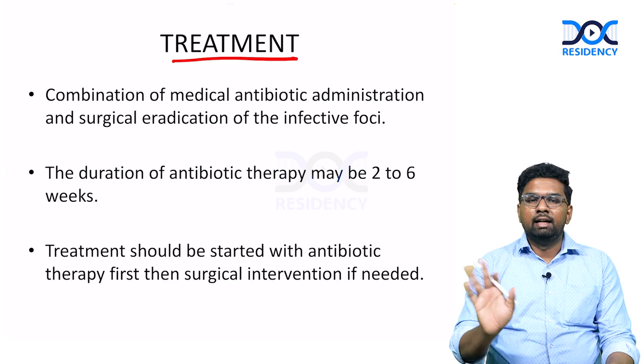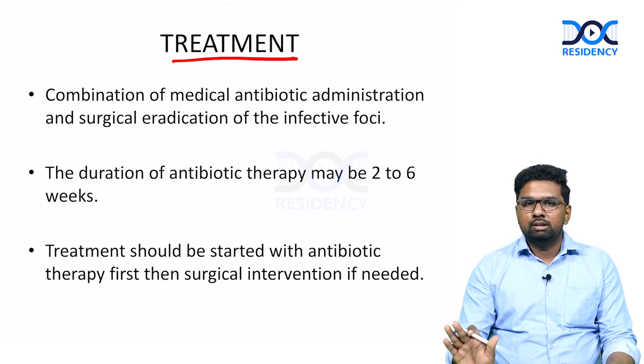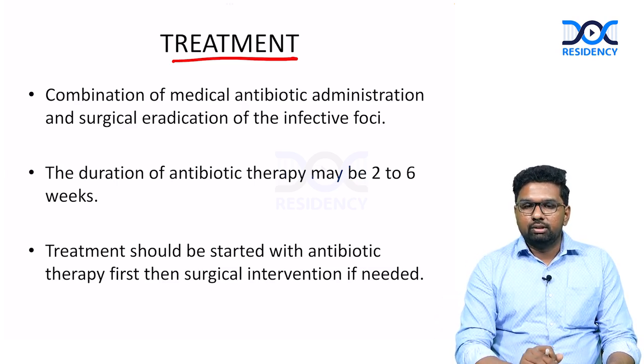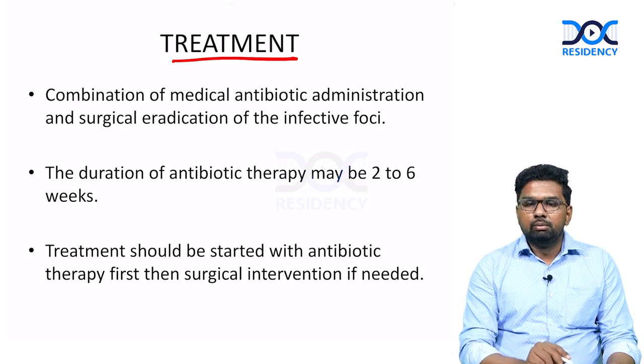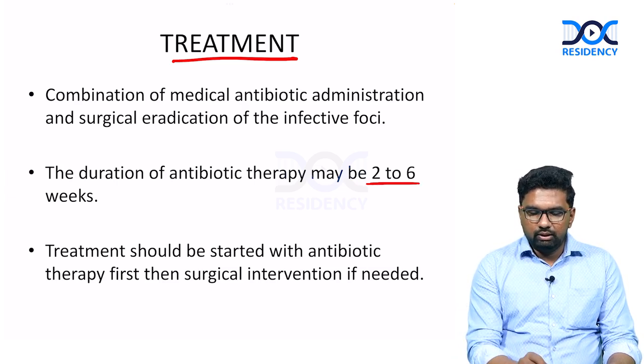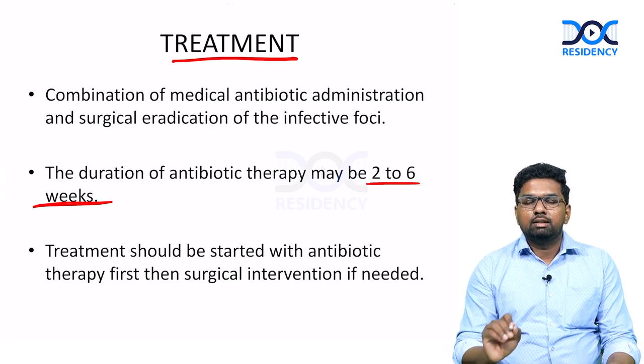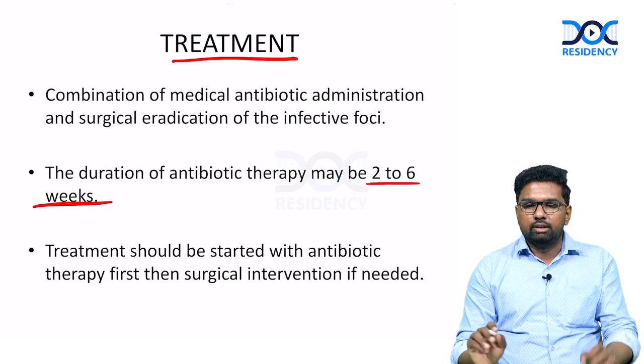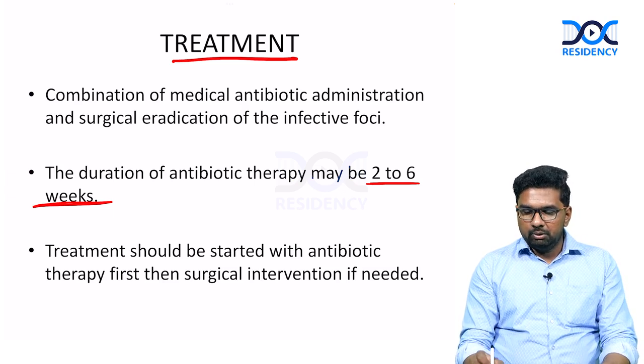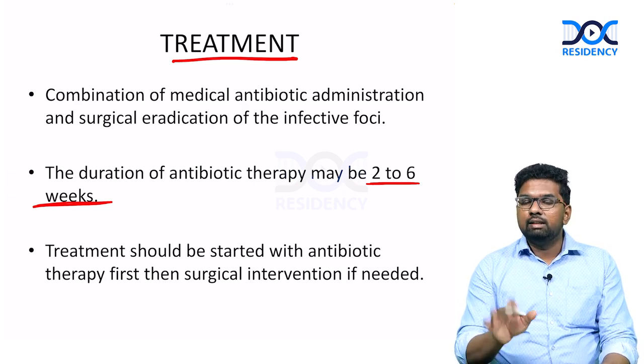The first thing to be done is antibiotic coverage, medical management first, followed by surgical intervention. The duration of antibiotics should be at least 2 to 6 weeks. To make it clear, the antibiotic course needed is between 2 to 6 weeks. The treatment should be started with the antibiotic first, and then we should go for surgery.